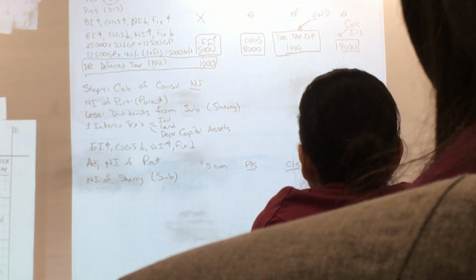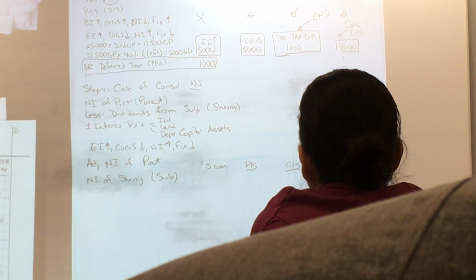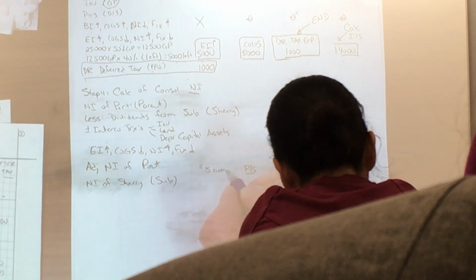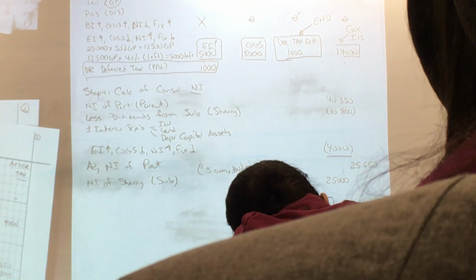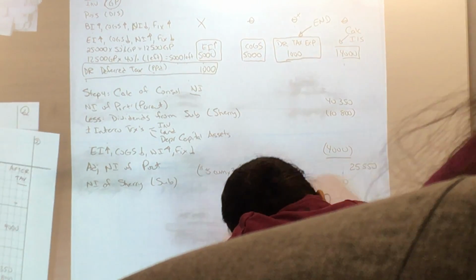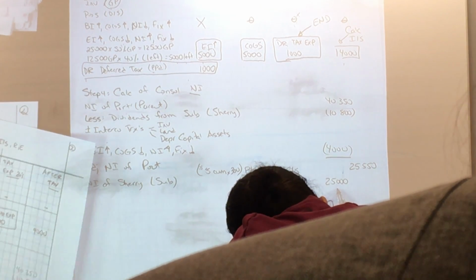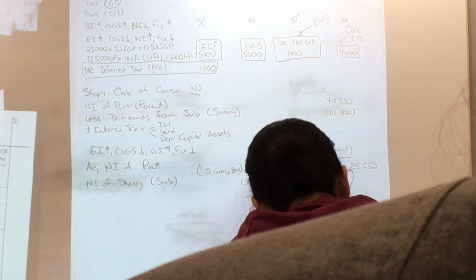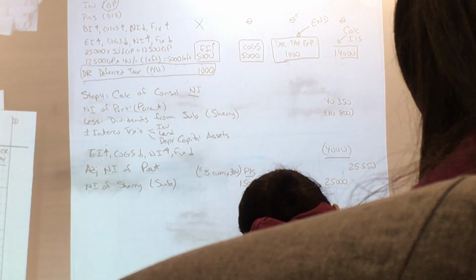So to allocate the net income, the preferred shareholders are entitled to $5 per 300 preferred shares. That's $1,500. So out of this 25,000, the preferred shareholders are entitled to $1,500 of the net income.